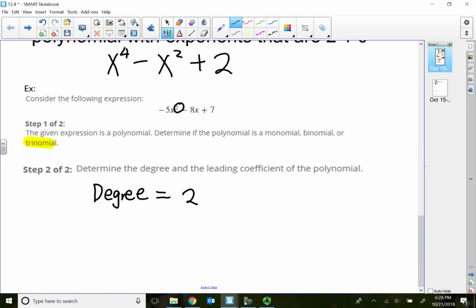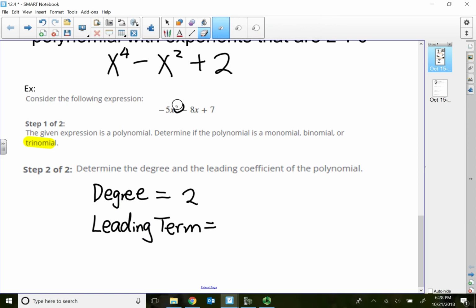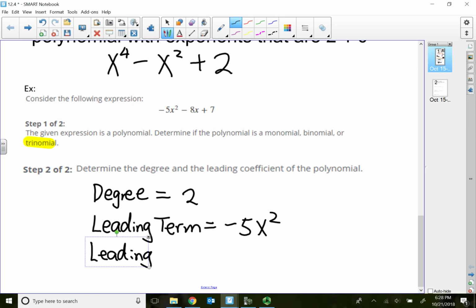All right, so I'm going to write this word down: the leading term. The leading term is the term that has the highest exponent, which is the first. It should always be the very first term, which is negative 5x squared. So what's the leading coefficient? The leading coefficient means the coefficient of the leading term.